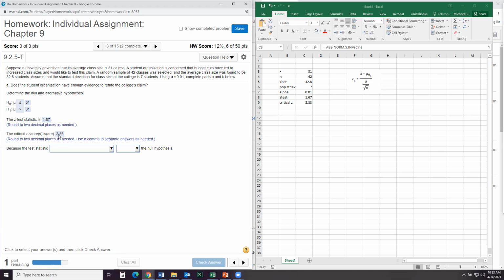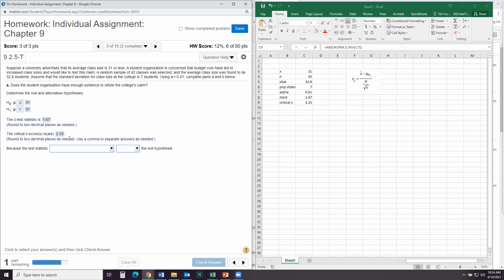The question is, is it far enough above that we can assume class sizes have gone up on average? Our critical Z-score represents that point related to our alpha of 0.01, at which we can say definitively that we believe the population mean has gone up.